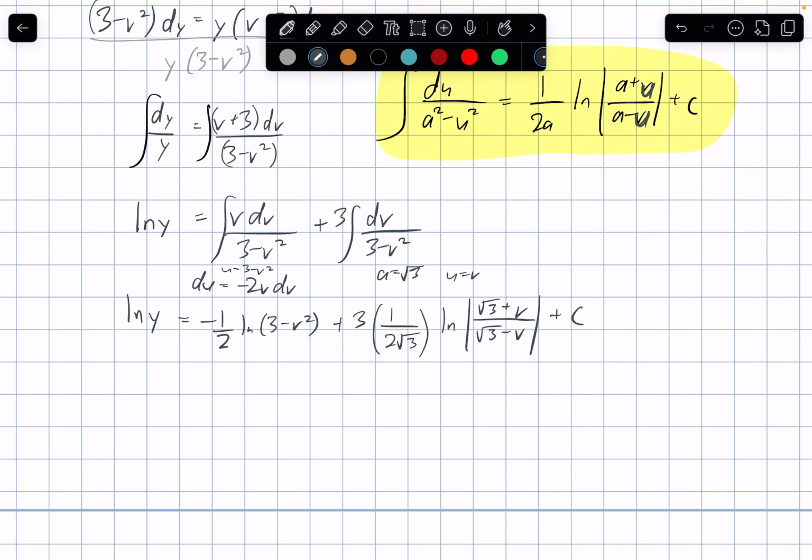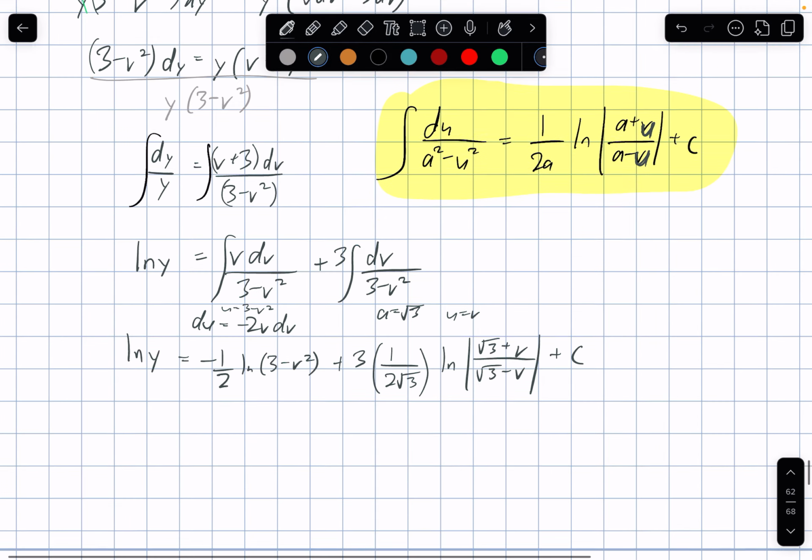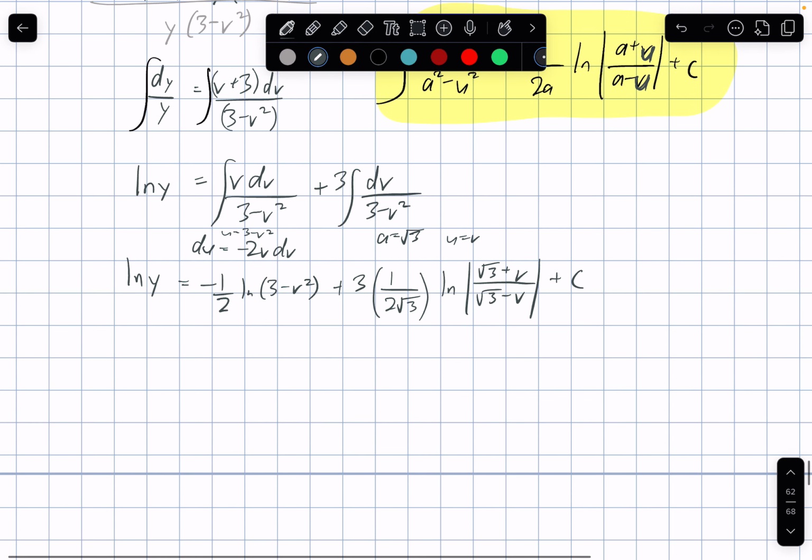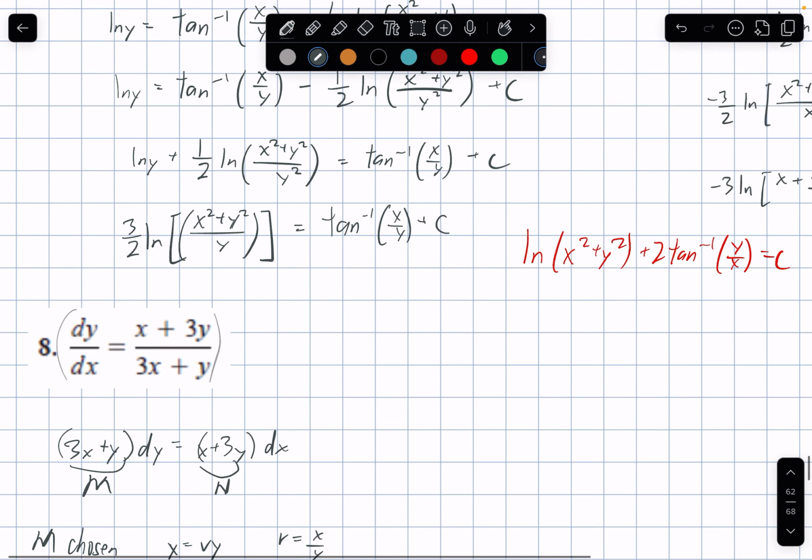Ouch. What even is this question? No, I mean, how do we even simplify this at this point? Bruh. What number is this? 8? Number 8. It's almost funny, bro. dy over dx equal to x plus 3y over 3x plus y.